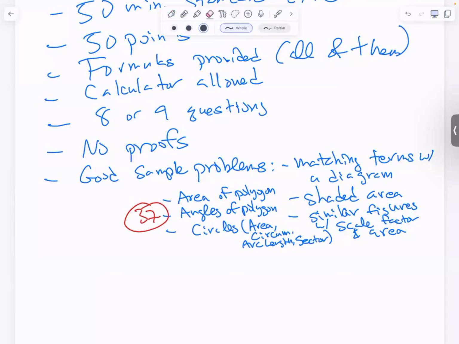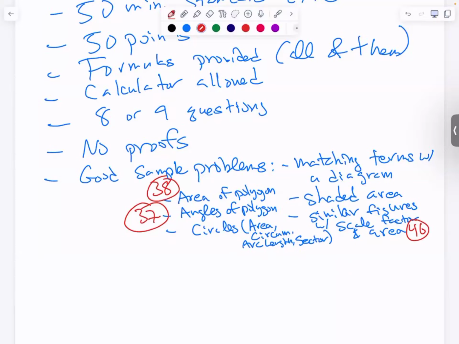For area of a polygon, I would say 38 would be a very good one to do. It needs you to find the area of the shape. Correct. Right. Yep. For similarity, I really recommend 46.